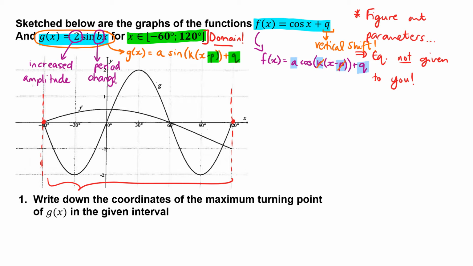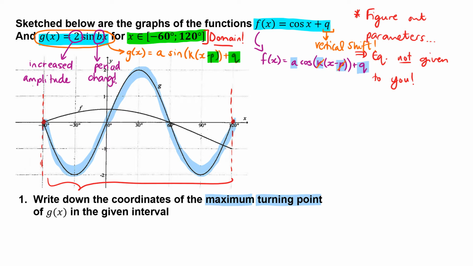So, to start with, it says, write down the coordinates of the maximum turning point of g of x in the given interval. So this function over here that I've highlighted in blue, that is g of x, and they want the maximum turning point.